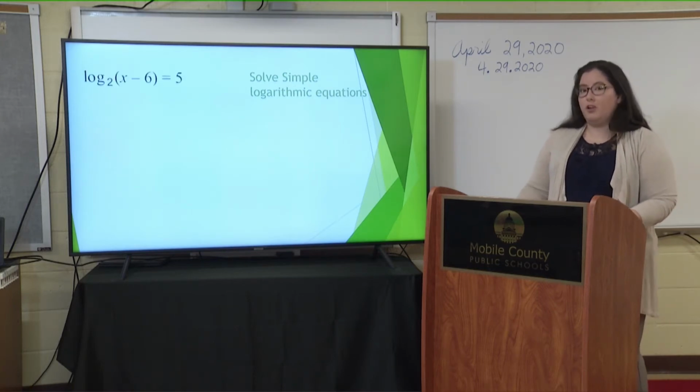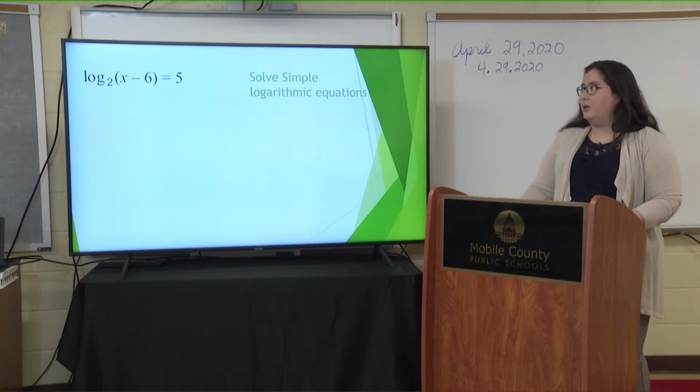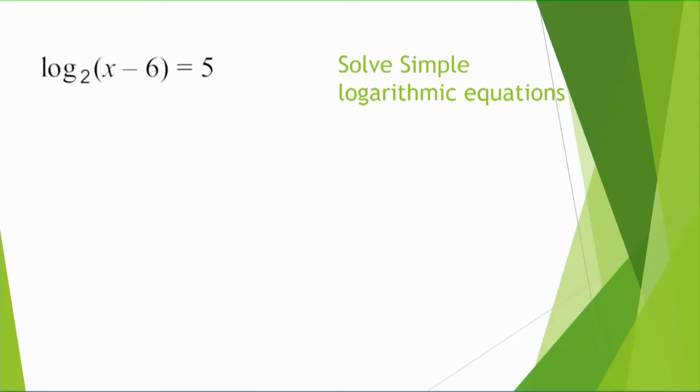So when we're looking at this logarithm, log base 2 of (x minus 6) equals 5, we see that there's one variable, but it's in the argument of our logarithm, so it's going to be hard to solve that way. So we can switch our forms to an exponential, and then we'll have our 2, which is the small base, being raised to the answer of our logarithm, 5, and that's going to equal our argument, which is x minus 6.